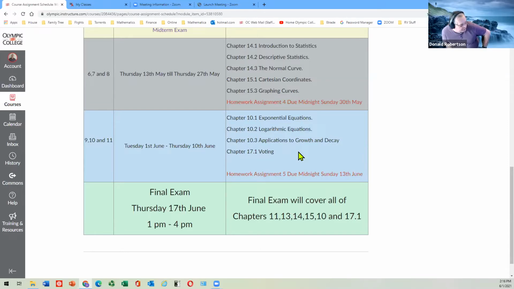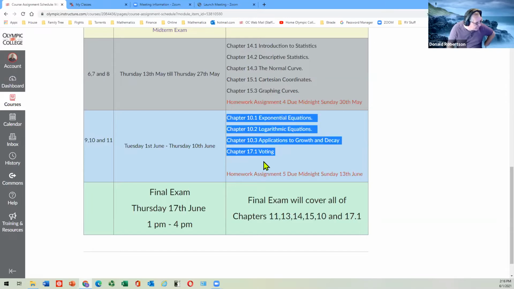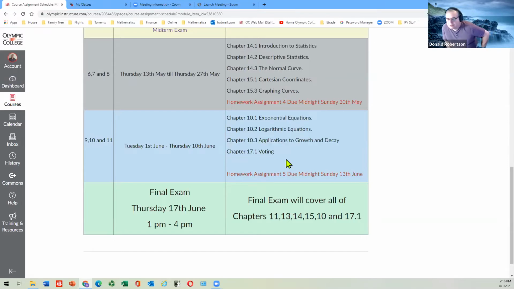So what I'm going to be doing today is, for the second part of today, we're going to do 17.1. We're going to do voting, just to get out of the way. And it puts a little break between the graphing stuff and the last section. So once we finish the voting, that'll be us for today. We'll then move on to next day.